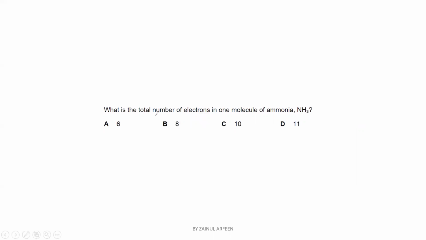In the question, they're asking what is the total number of electrons in one molecule of ammonia. How to find? They're not asking for shared or unshared, they're asking total number. So we have nitrogen. When you check the periodic table, it is written 7 and 14. So nitrogen is having 7 electrons.